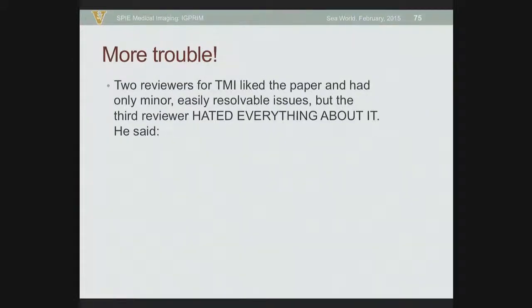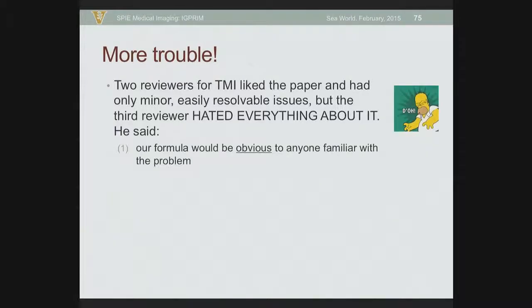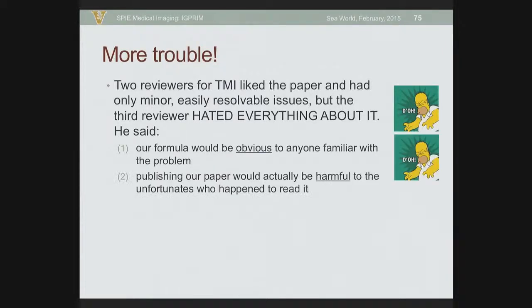More trouble. 2 reviewers thought it was great. It was the dream review. Oh, this is pretty good, but you need to change this comma and you need to put this figure in a different place. One guy hated everything about it. He said, number one, our formula would be obvious to anybody familiar with the problem. Now, I think Dave Hawkes over here in London would have been surprised to hear that one.